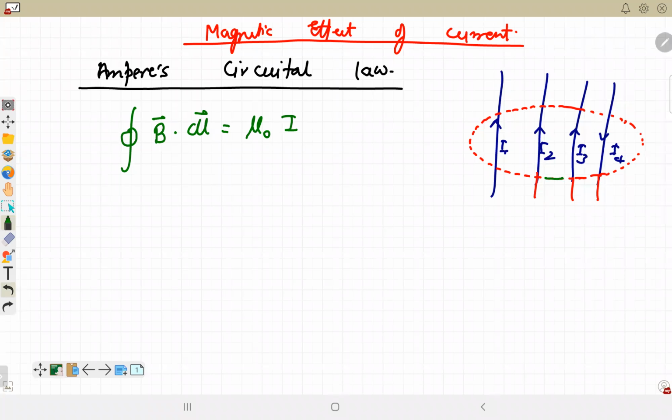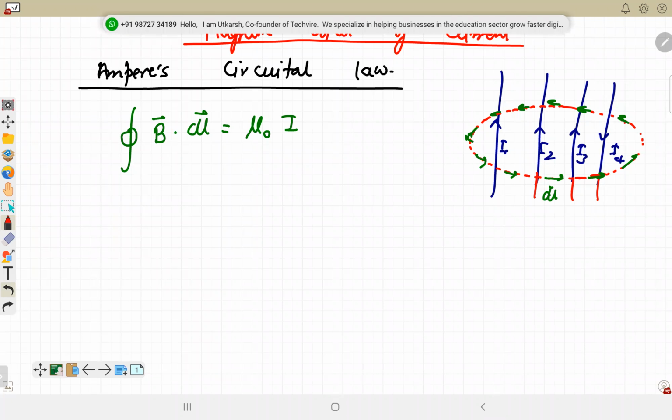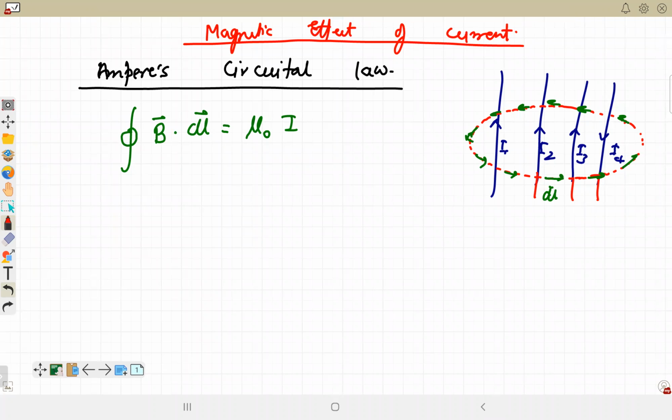B is already decided, because the wires produce the magnetic field, and that magnetic field is decided by the direction of the current. We cannot randomly assume it, but this dl we can assume as per our convenience or as per our convention.